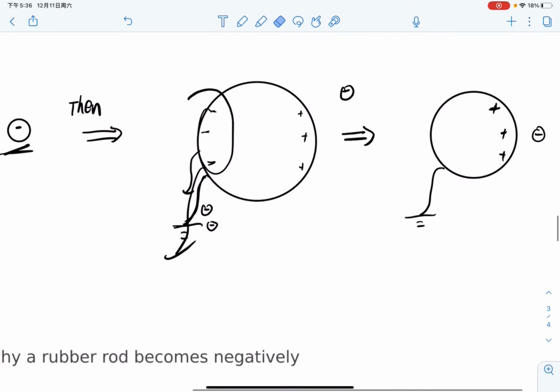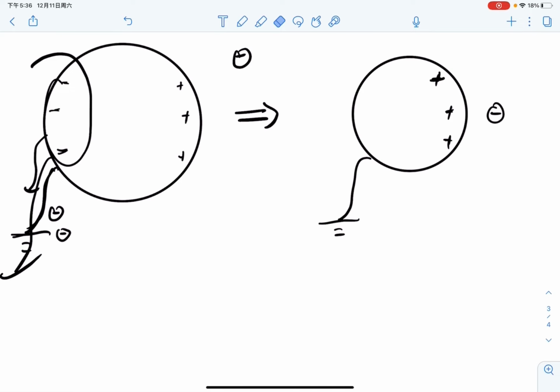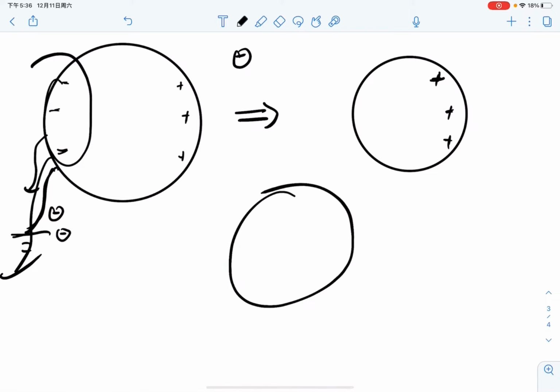When you disconnect the ground and remove the negatively charged particle, the metal will be positively charged.